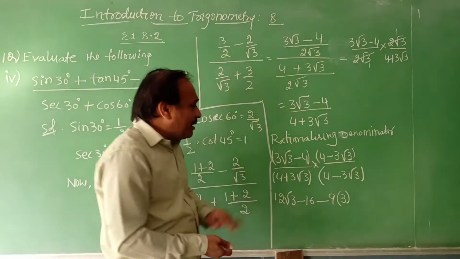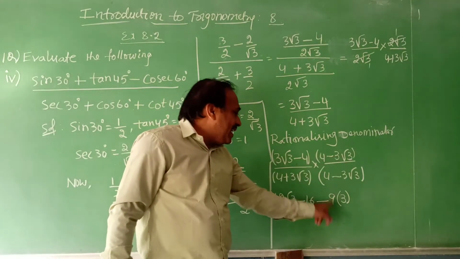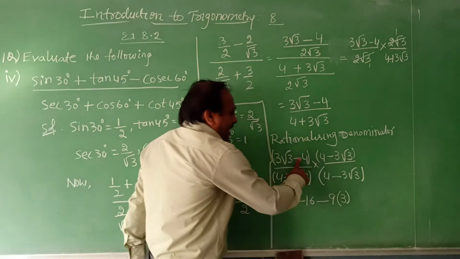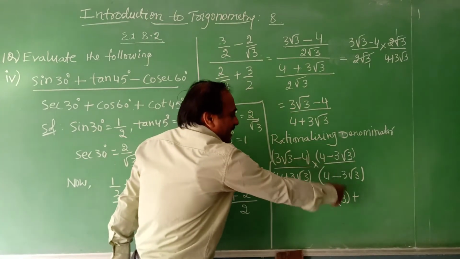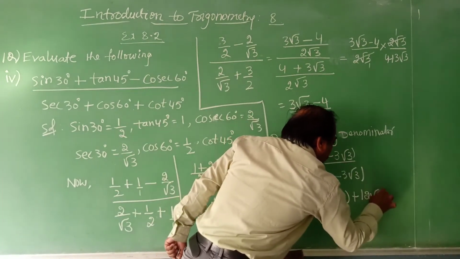Do you understand here? 3 root 3 into 3 root 3: 3 3s are 9, root 3 into root 3 is 3. Next, minus into minus plus, 4 3s are 12 root 3.